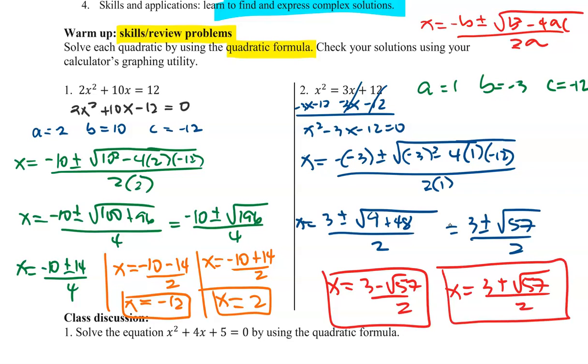And if you use a calculator, this is approximately equal to negative 2.275, and this one is approximately equal to 5.275. And next I'll show you using a graphing calculator decimals.